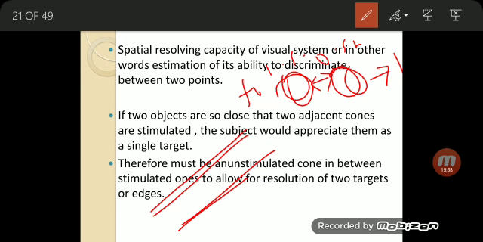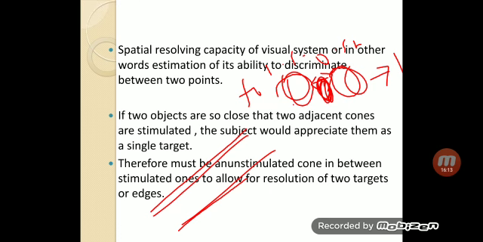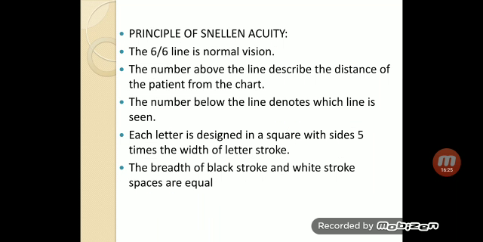So there must be at least one unstimulated cone between the two stimulated cones for the resolution that these are two targets. If two objects are close, two adjacent cones are stimulated, and the subject would appreciate them as a single target. Therefore, there must be an unstimulated cone in between stimulated ones to allow for resolution of two targets or edges.